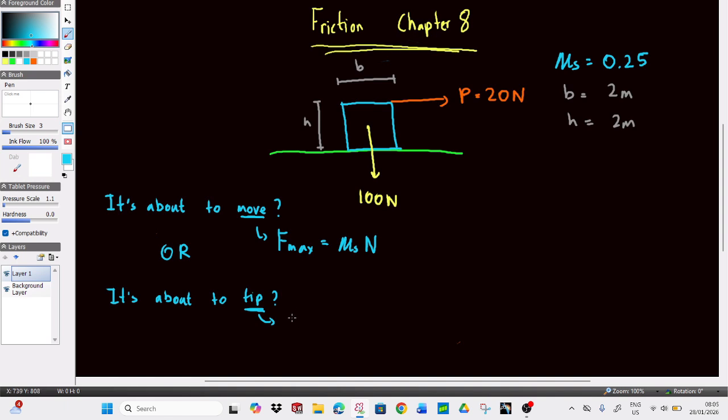And if it's about to tip, then in this case your frictional force is definitely not equal to F max. So how do we know which is which?